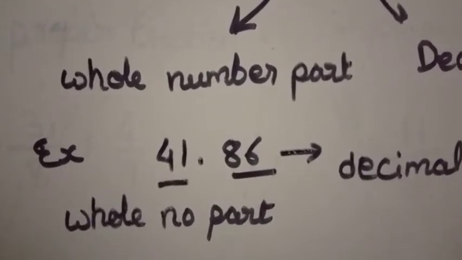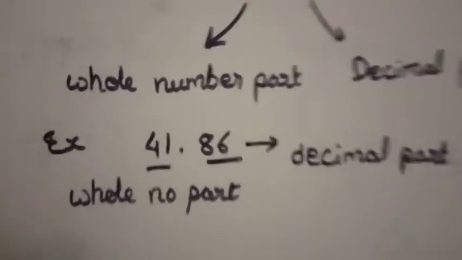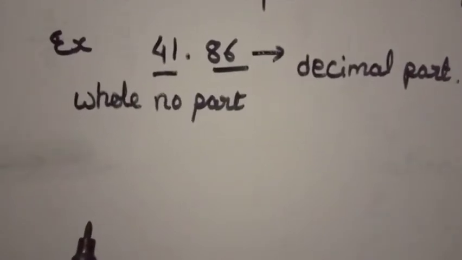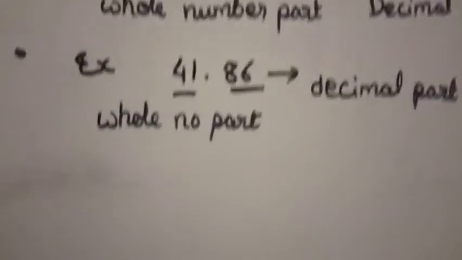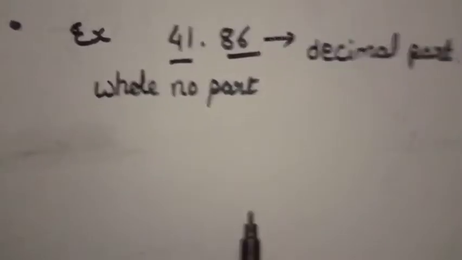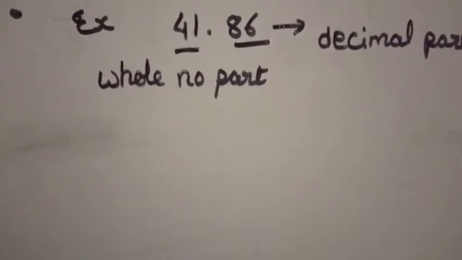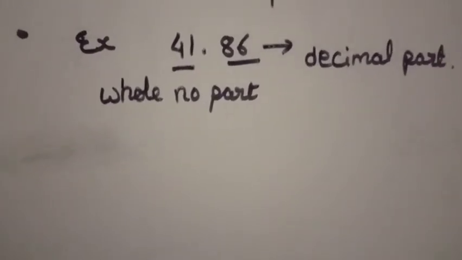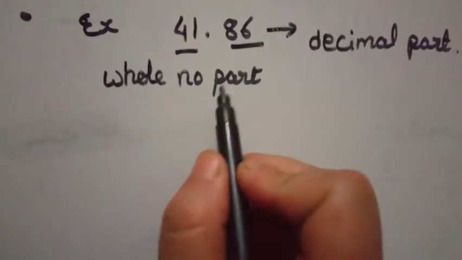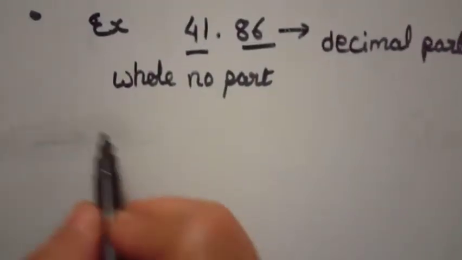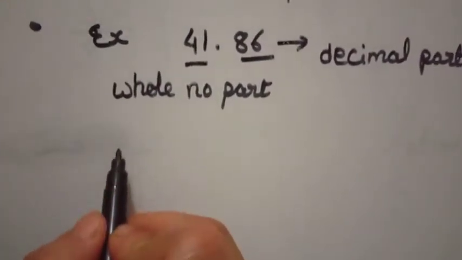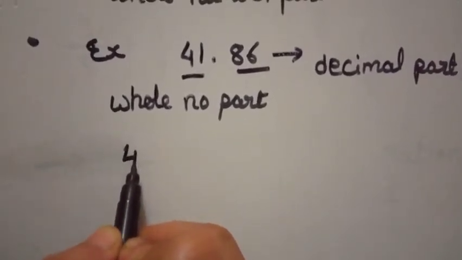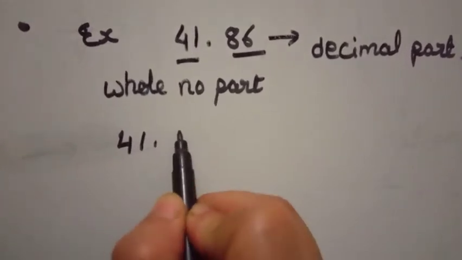Now the first position after the decimal point represents tenths and is called the first decimal part. For example, we can take 41.86.